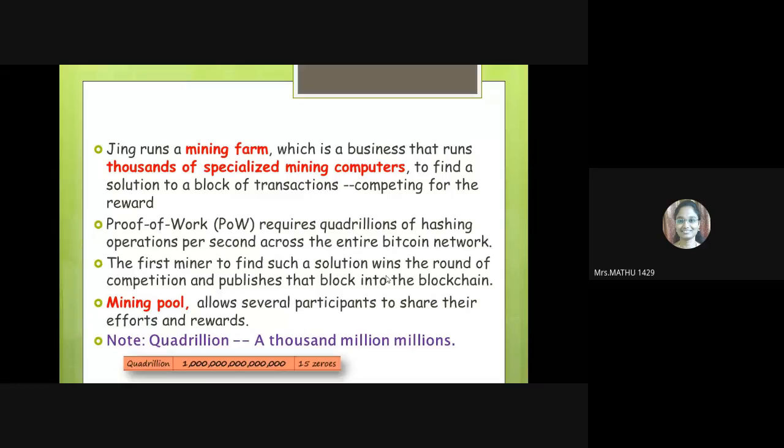Once the previous block is added to the blockchain, the miners will stop working on that previous block and start to work on the next block, because they know they have lost the competition. Already a particular miner has solved the puzzle and published it into the blockchain. So now they will start working on the next block that is propagated into the network.